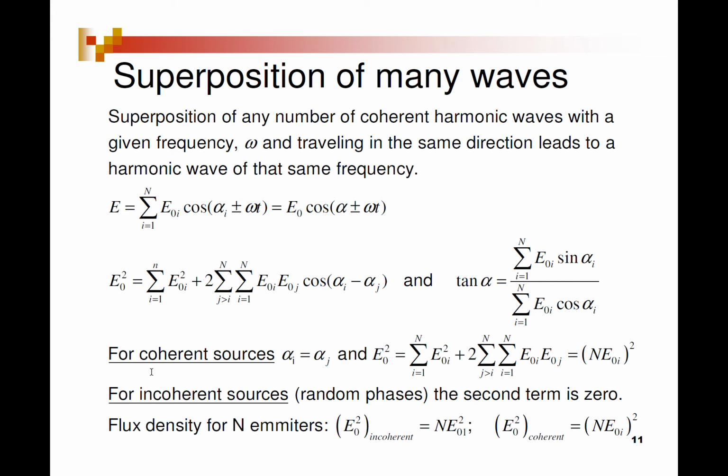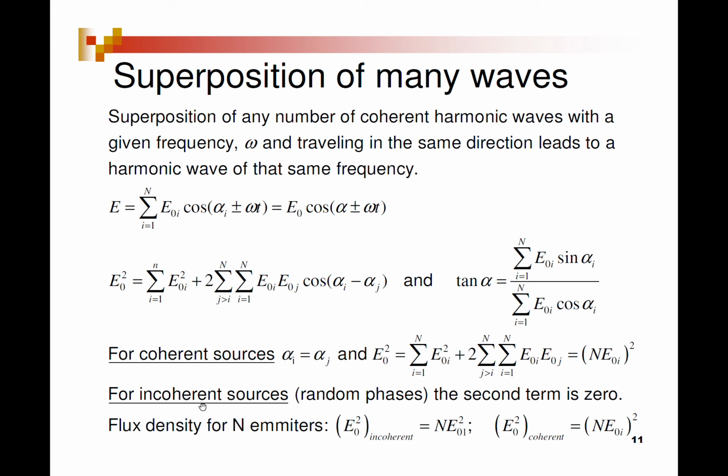So for the coherent cases, that means the phases are related. In a specific case, let's assume that they are the same. Alpha i, alpha j the same. Then if you look at this, this term goes away, and then you get here E0i squared plus 2 E0i E0j, and this is nothing but n times E0i squared.